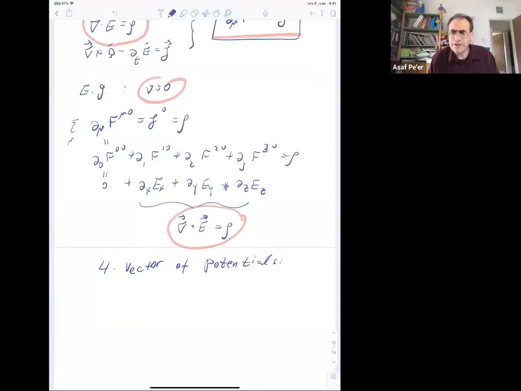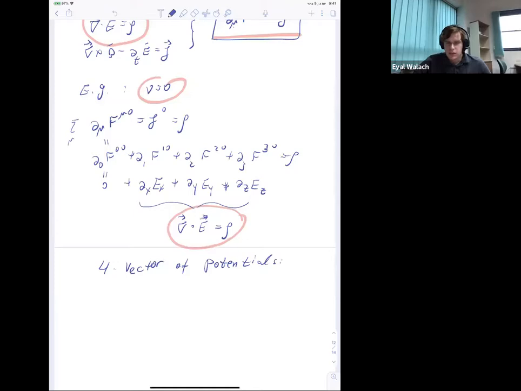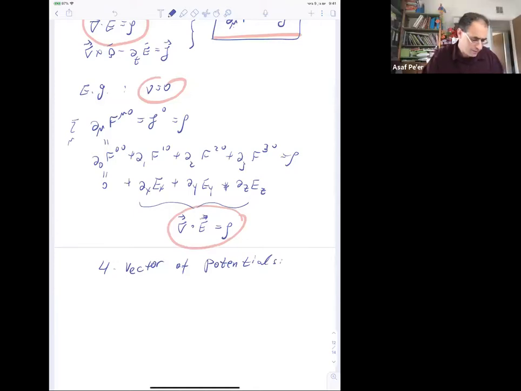Now you have seen potentials. Again, you should have seen that in one of your E&M courses. Did you see it, the vector potential and the scalar potential? Which course? Electromagnetism, first year. Okay, it's very easy.